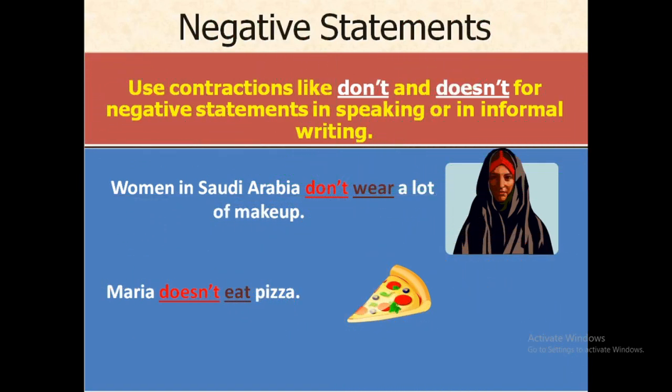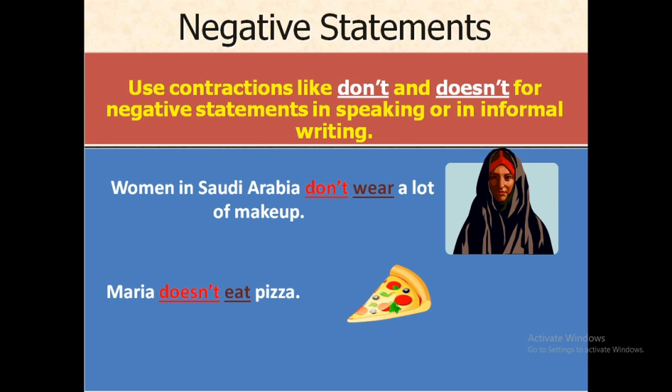And now we come to negative statements. How can we make negative statements? In order to make negative statements, we can use the contractions like don't or doesn't. So the structure will be subject plus don't or doesn't plus base.